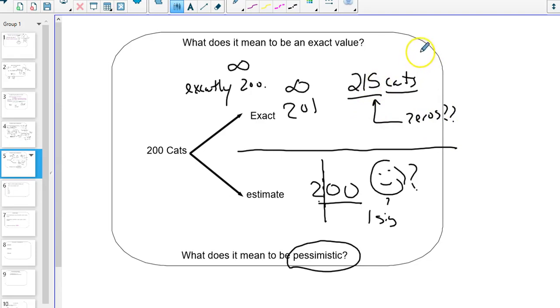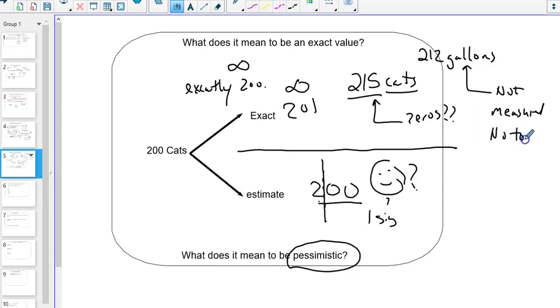I also got to make sure, for example, 212 gallons. Okay, I got to make sure this is not a measured value. If it's a measured value, gallons, then I can't have an exact gallon. Okay, just like the meter sticks, I got to make sure that this thing does not require a tool.